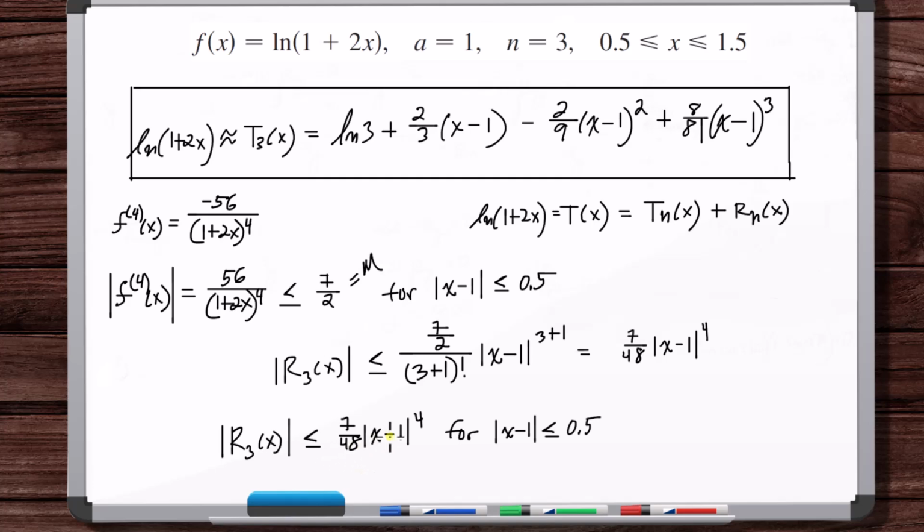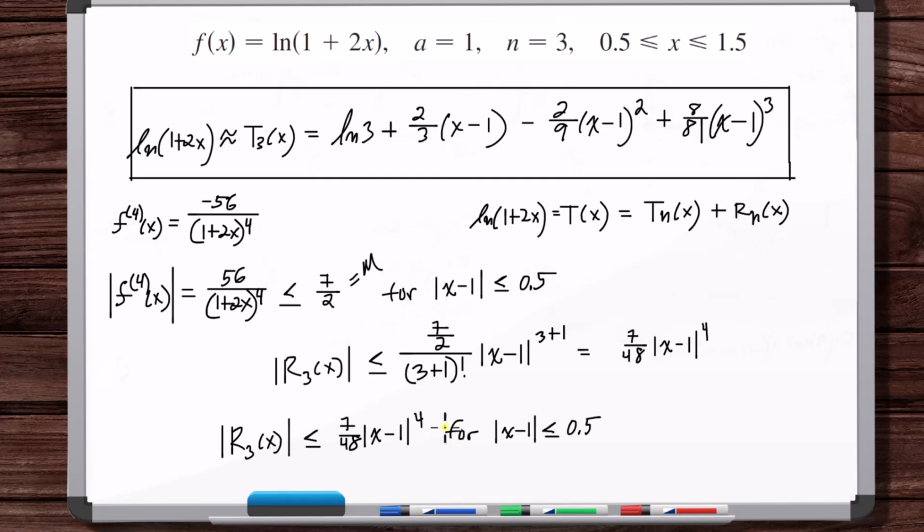Okay, but we can go a step further. Let's just plug in, what's the worst case scenario x value here? Well, that's going to be when we're as far from the center as possible in this situation. For the capital M, it could be the case that the capital M comes from some position within the interval. In this case, it was at one of the endpoints, but for another case, you might get capital M from somewhere within the interval.